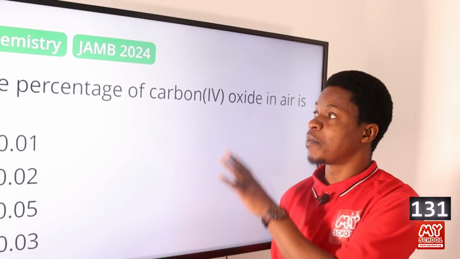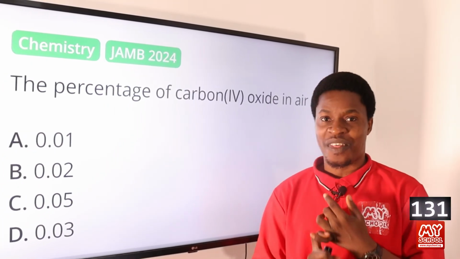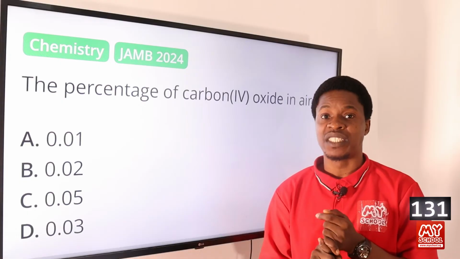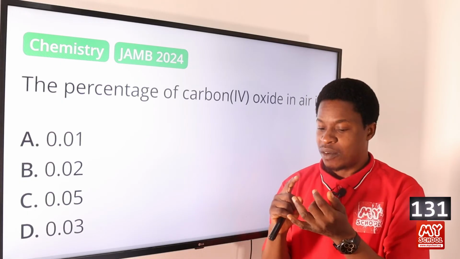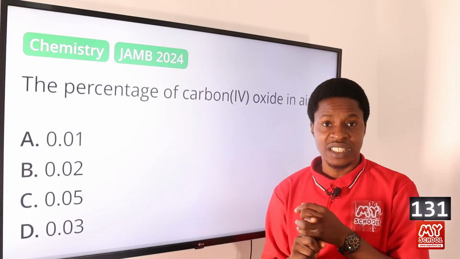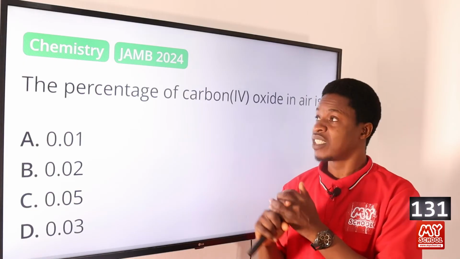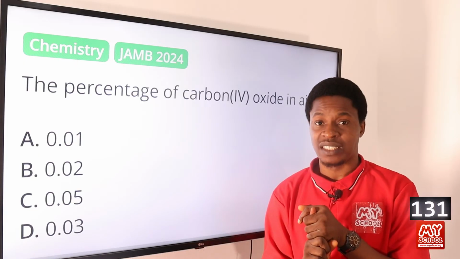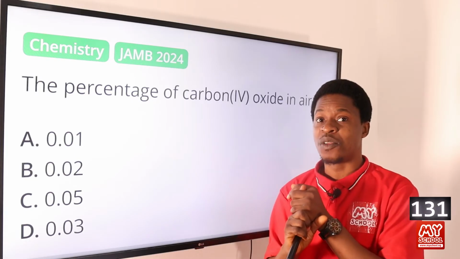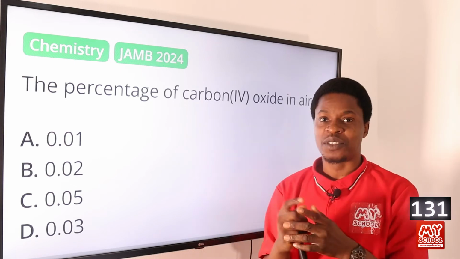The question says the percentage of carbon 4 oxide in air is what? We know that nitrogen makes up about 78% of air, but we are not asked of nitrogen. Oxygen contains about 21% of air. We are not asked of oxygen. Carbon 4 oxide contains about 0.03% of the entire mixture of air.